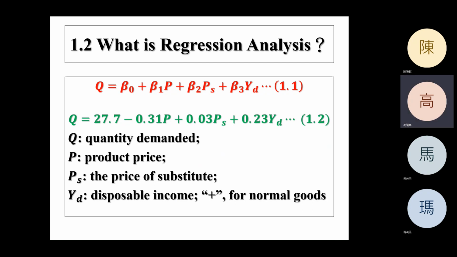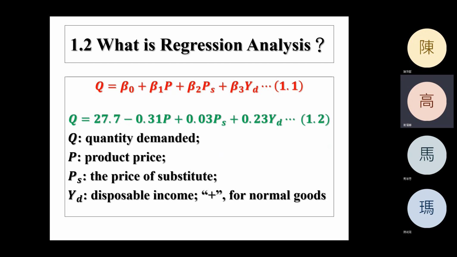This is the purpose of regression analysis. We don't just learn how to run the data. If you don't know how to explain the output, it's just a piece of paper. There's no relationship here, no information here.